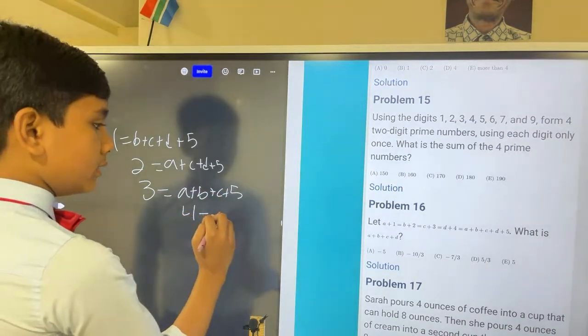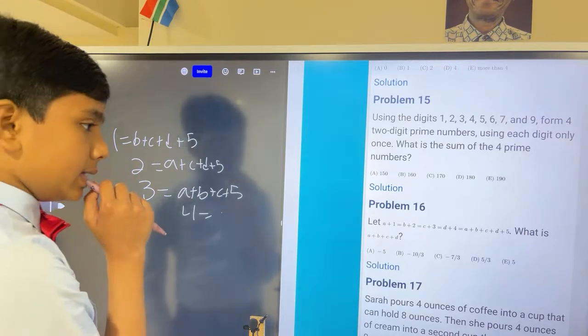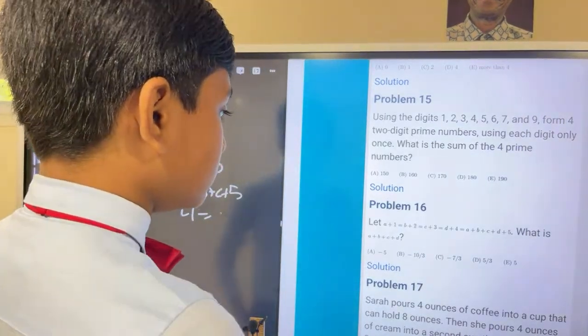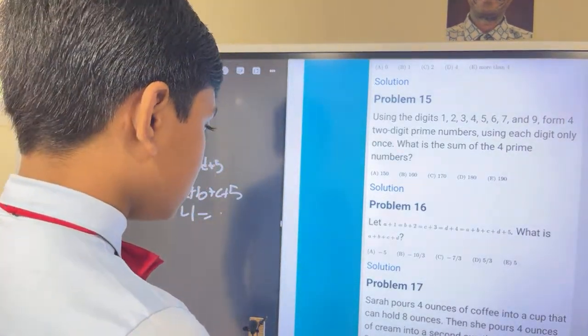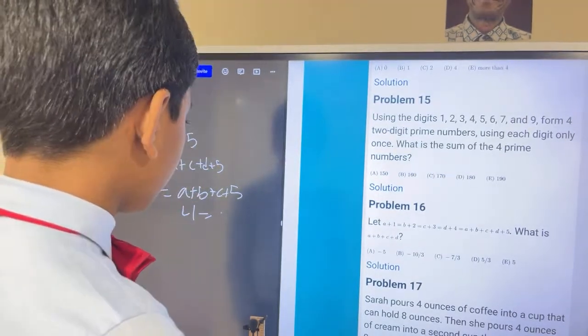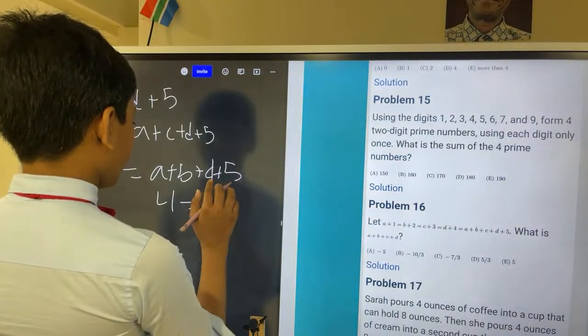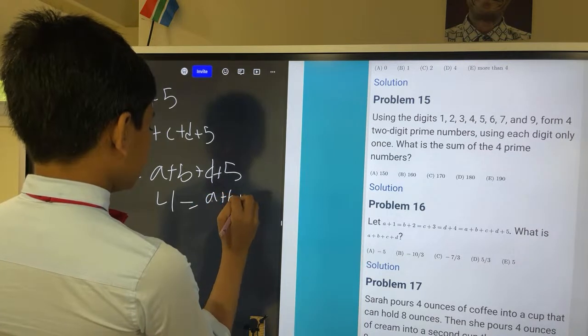And 4 equals, 1 equals B. And 4, A plus B plus C plus 5.